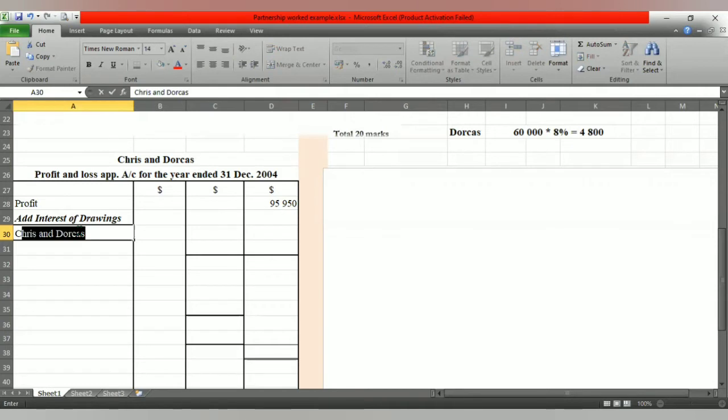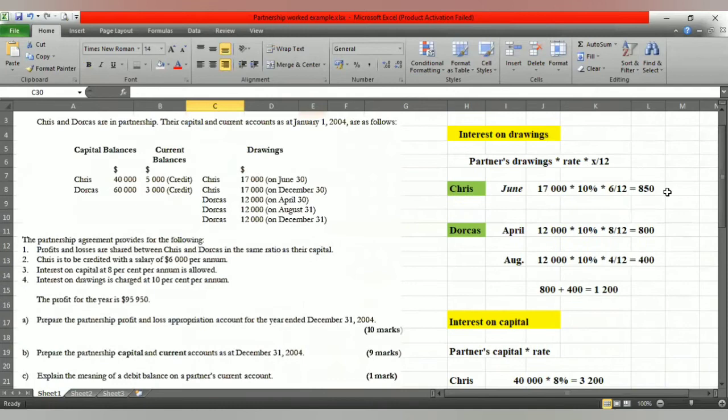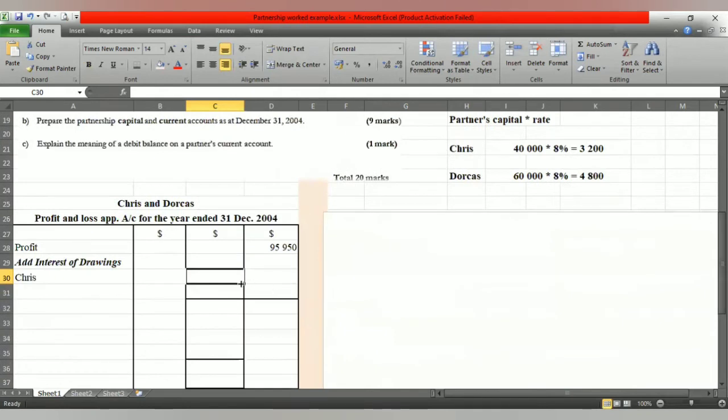Remember we have calculated Chris's interest on drawings and Dorcas's. If you look at the calculation, Chris is $850 and Dorcas is a total of $1,200. So we're going to enter those values in the appropriation account.